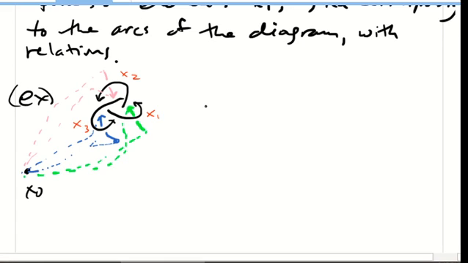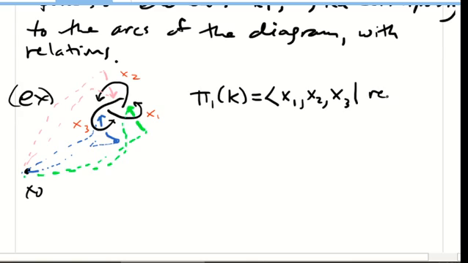Okay. Now, pi 1 of K is generated by these three letters with relations.